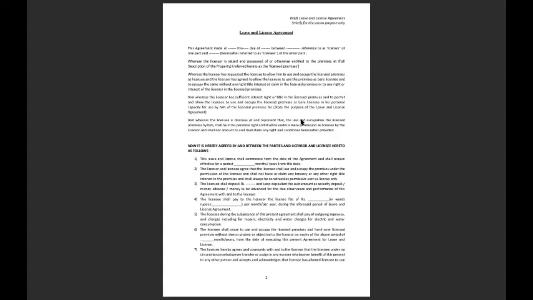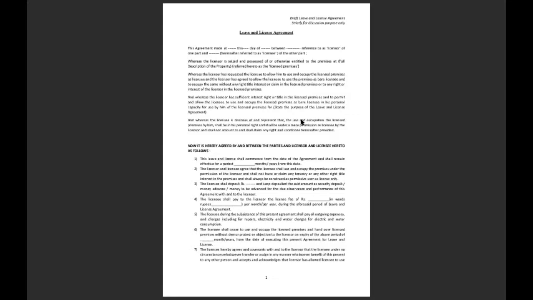Then you say, it is hereby agreed by and between the licensor and licensee hereto as follows. That comes the operative part. Now what do you mean by operative part? It defines when the license period has to start and when it will end.